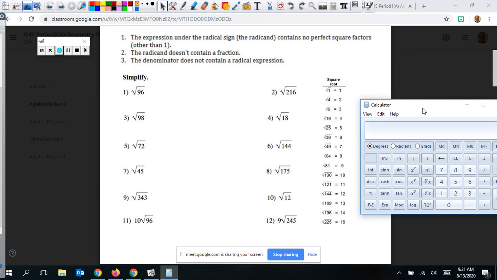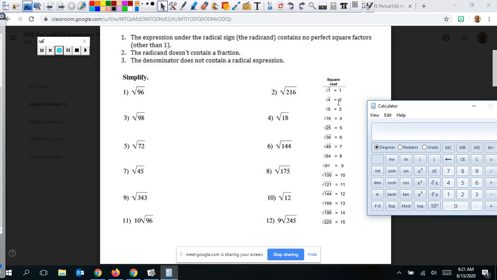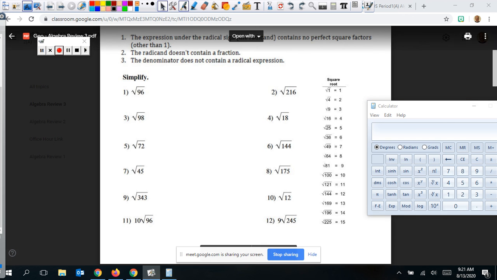So that's the one I want to use. Even though I can go down further, and I know 4 also goes into 96, I want to use the biggest perfect square. That's why I'm working my way backwards down the row, finding the biggest one that's going to go in. So what I'm going to do on this one is change this into 2 square roots, one with 16, and the other one with how many times 16 goes into 96.